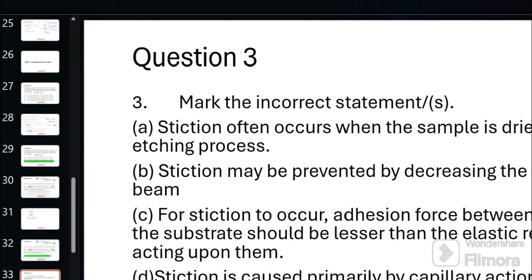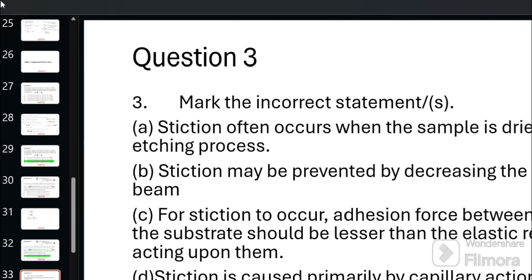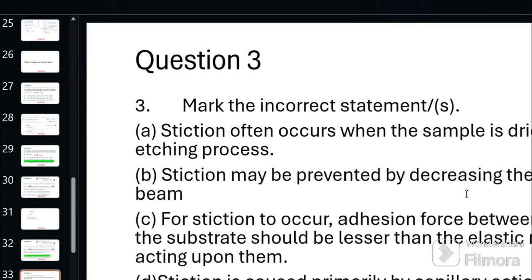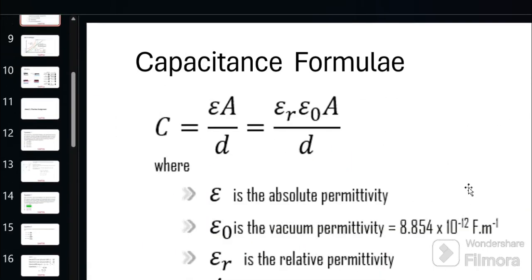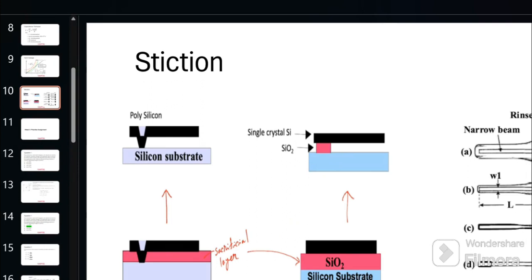Stiction may be prevented by decreasing the thickness of the beam. No, that is not right. Irrespective of the beam thickness, here you can see we have two cases, a thicker beam and a thinner beam.